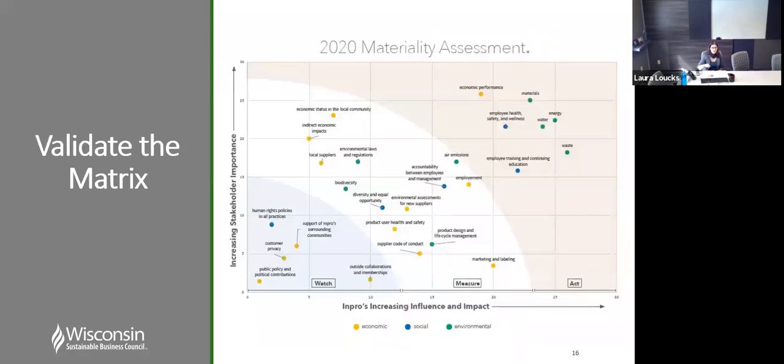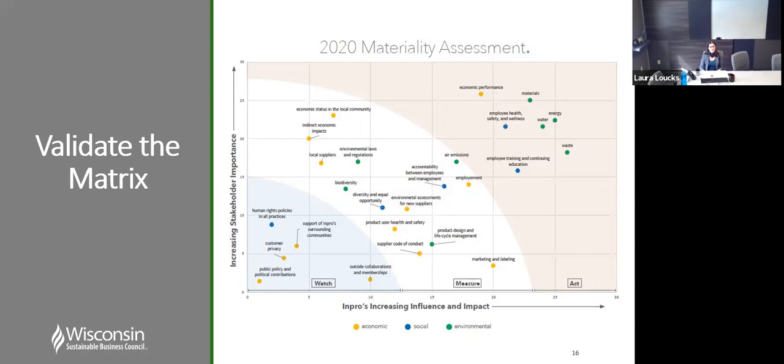After that, you're able to put it all together and just see where things fall. So you've got your X and Y, and we just graphed it out in Excel first and looked at it. After we were able to put this all together, we brought it back to the steering committee. Your last step is validation and just making sure that everything looks correct, everything makes sense to the committee and to the company.